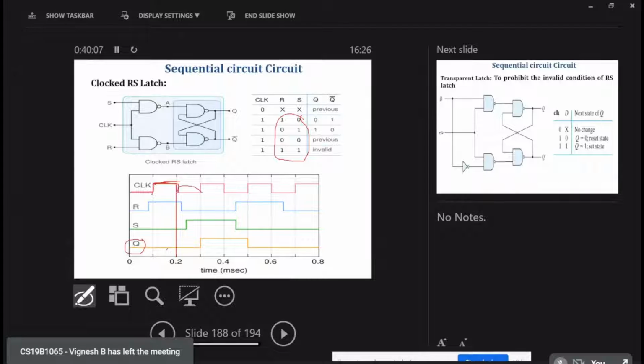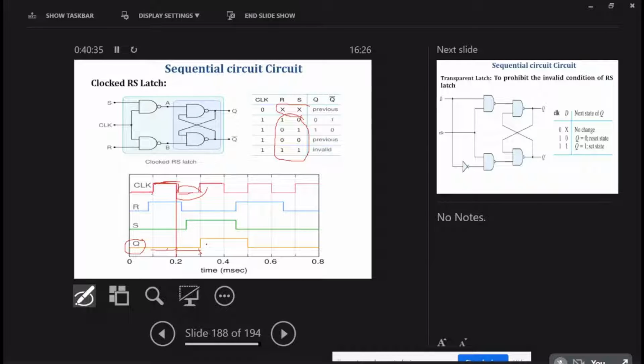When the clock is disabled, whatever is the value of R and S, it will retain the previous value. Before the disabling of the clock, the value of Q is 0, so it will hold its value till the time the clock is enabled. When the clock is enabled, it will again see what the levels of R and S are.